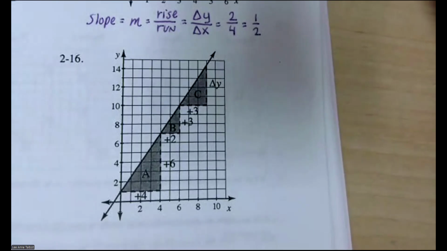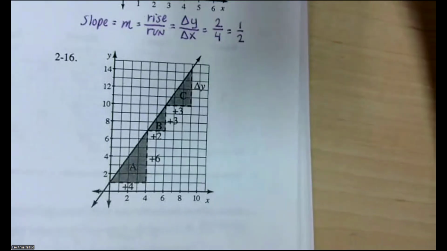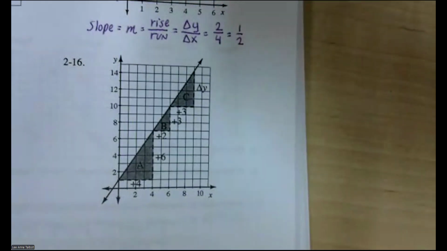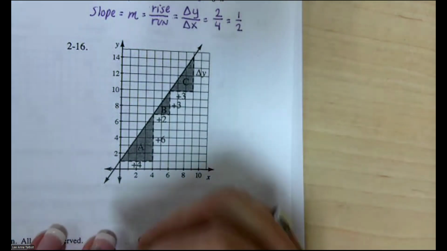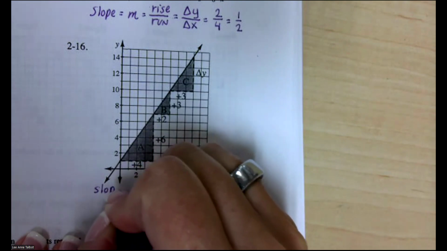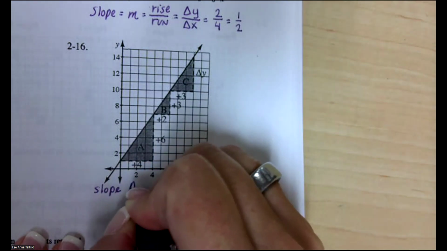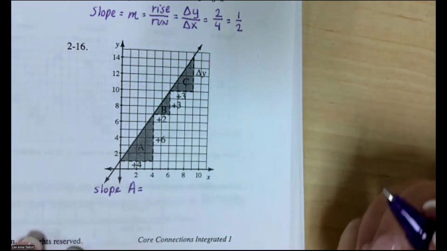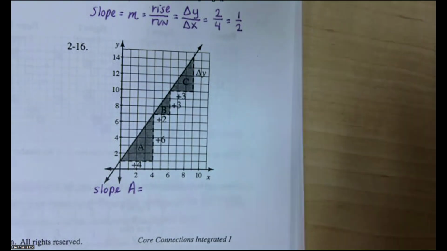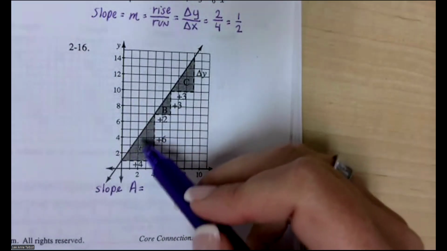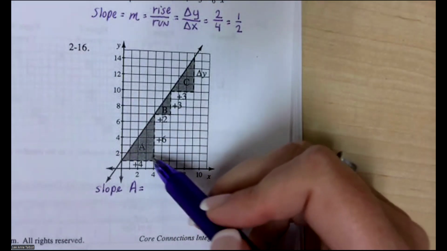All right, we're already to the last problem, believe it or not. We're going to do 3 slopes for this problem. We're going to start with triangle A, which is down here.